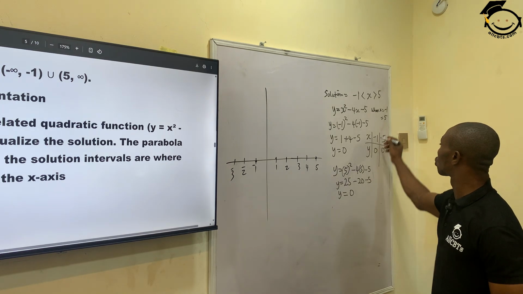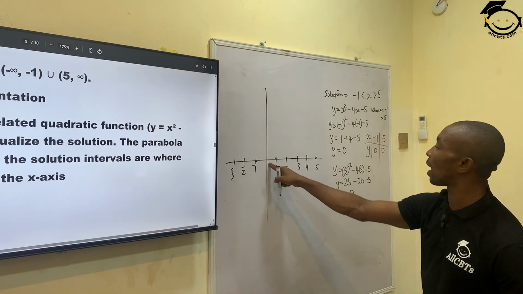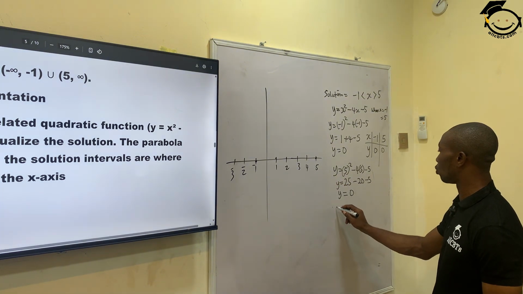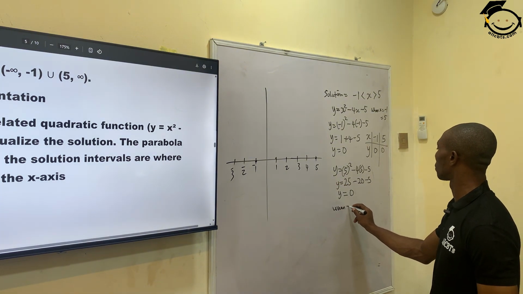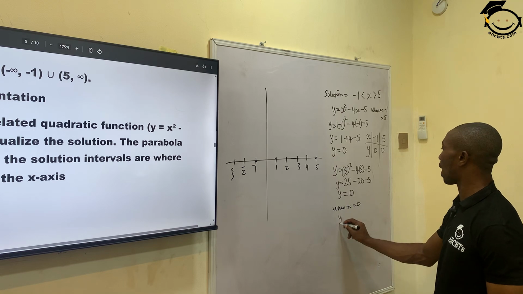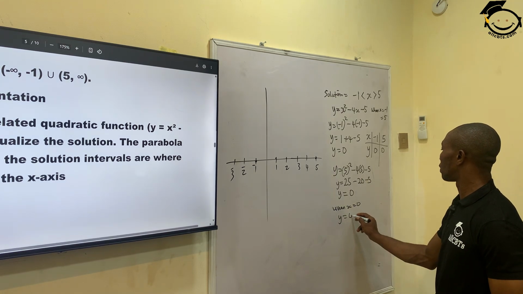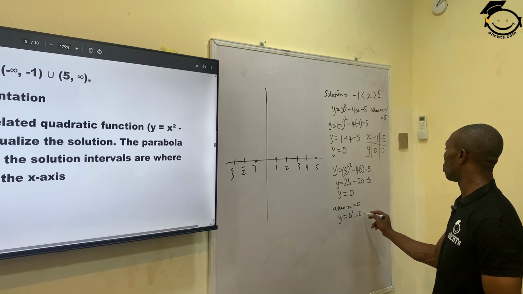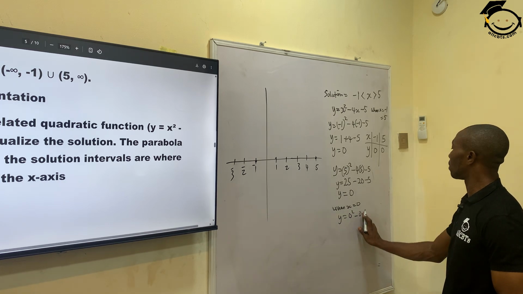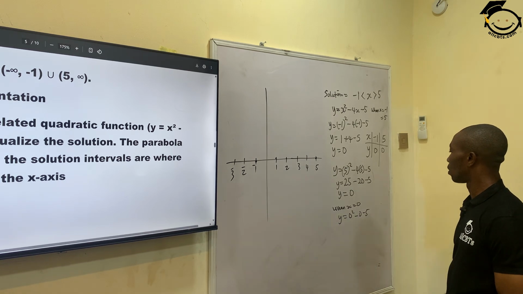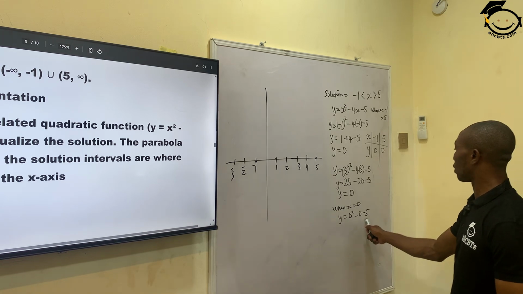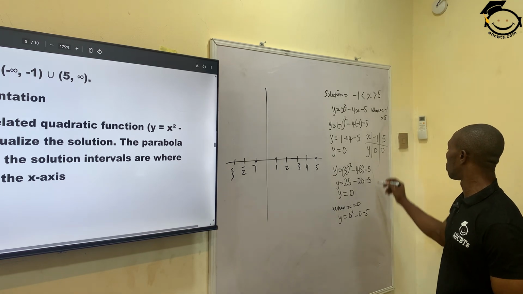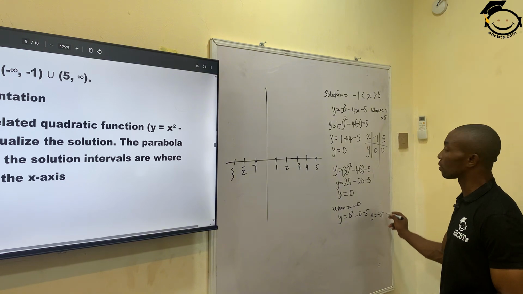Okay, after minus 1, we have 0. So when x is 0, this becomes y equals 0 squared minus 0 minus 5. So y equals minus 5.